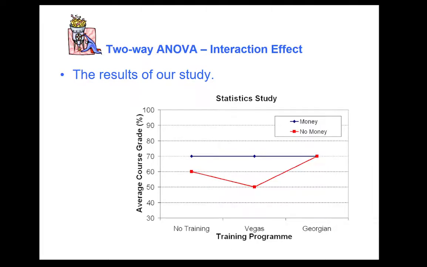Why is this important? Well, I can clearly see that getting a $1,000 bursary is very effective. And it's so effective that it kind of blurs out and gets rid of any possibility of a training effect. So even if you go to Vegas and party on for the weekend, you're still going to get 70 because you've got your $1,000 bursary opportunity.